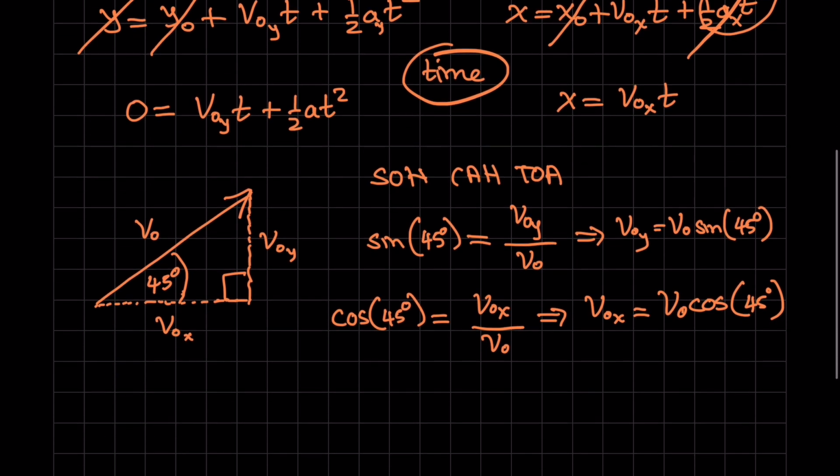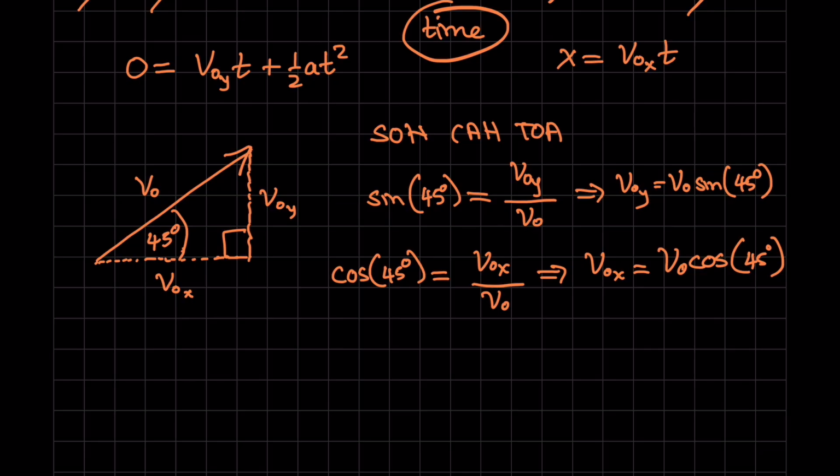We can plug them into our kinematic equations at the top here. When we need v naught x, we have it. When we need v naught y, we have it. Now we can go ahead and plug them back in. So we have 0 is equal to, putting v naught y in here, v naught sine of 45 degrees times t, just replacing v naught y with what we came up with from our trig, plus 1/2 a t squared.